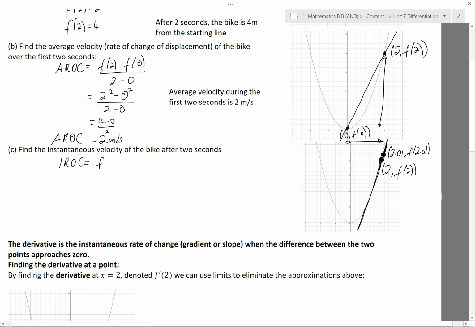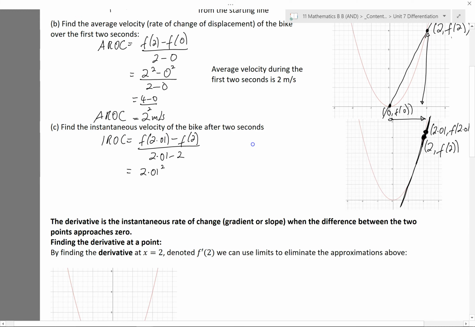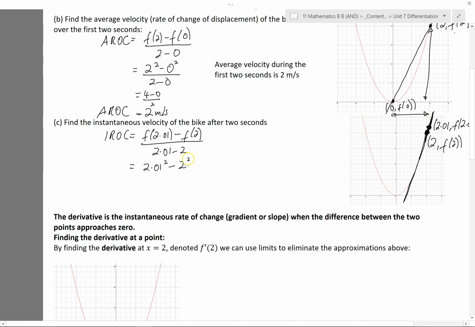So the rise, the difference in the y values, divided by the difference in the x values. So I can put 2.01 squared and 2 squared, just evaluating what these function values are, divided by 0.01.